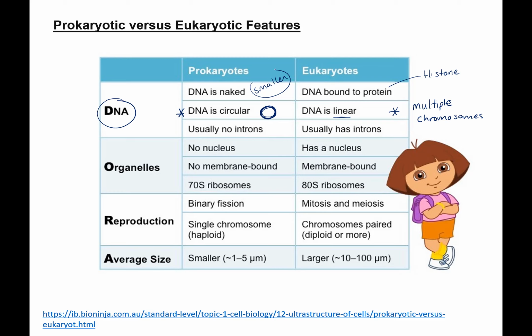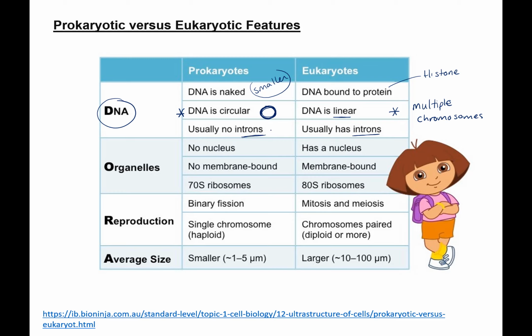Whereas in prokaryotes, a whole lot more encode for proteins. So closer to like 95% of prokaryotic DNA encodes for proteins. So we'll talk later in this semester about protein synthesis and introns.